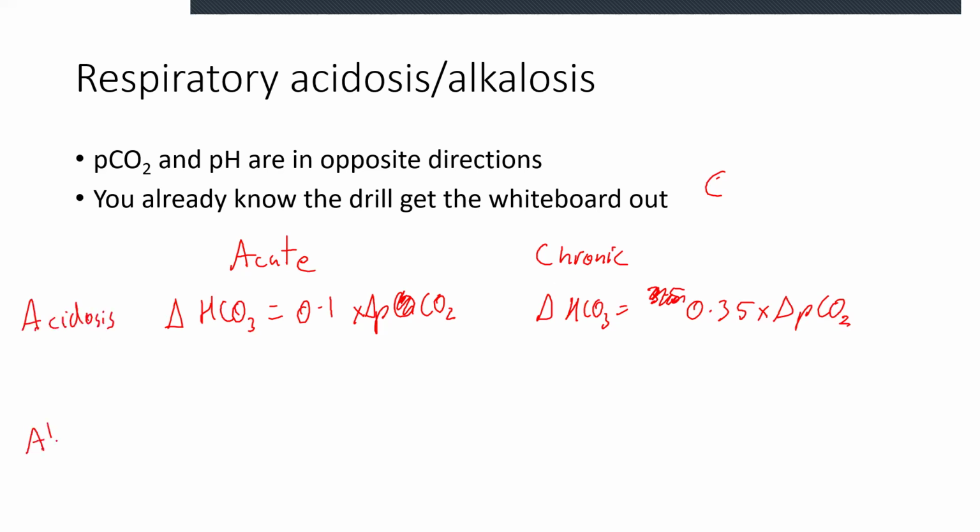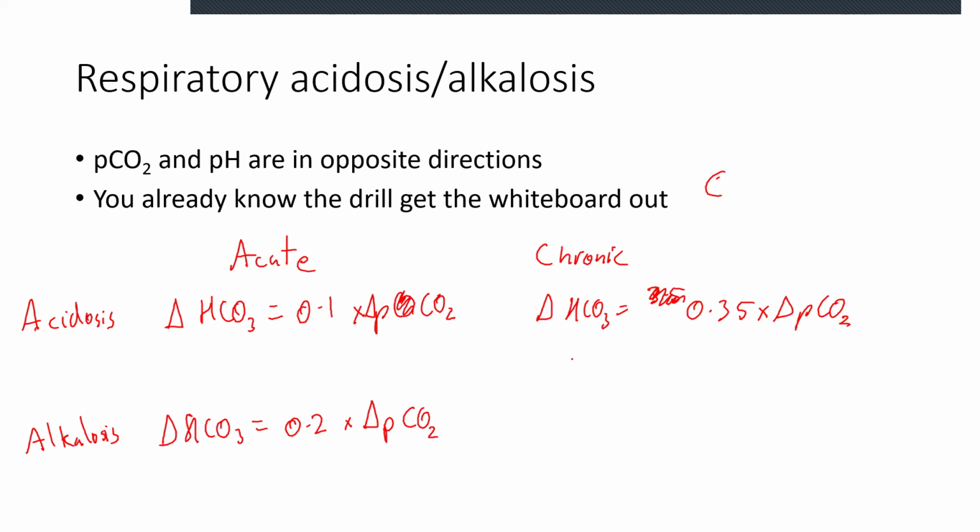Now for alkalosis, our acute compensation is going to be delta HCO3 equals 0.2 times the delta PCO2.